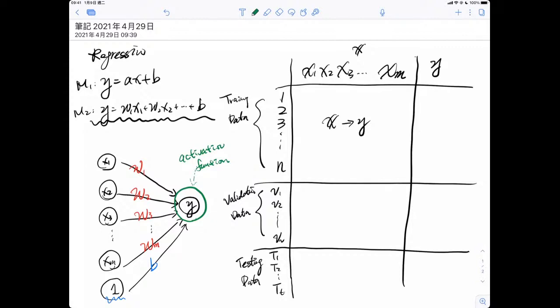However, usually we think maybe this model, model 3, maybe we can write it in this way. We use a big A, and big A is an activation function, right? So we write it in this way.